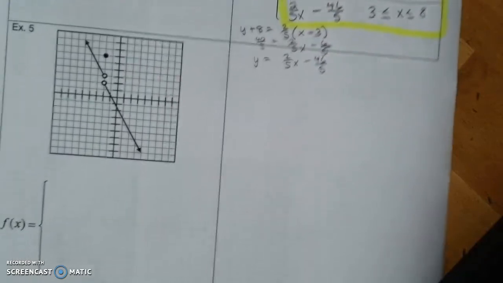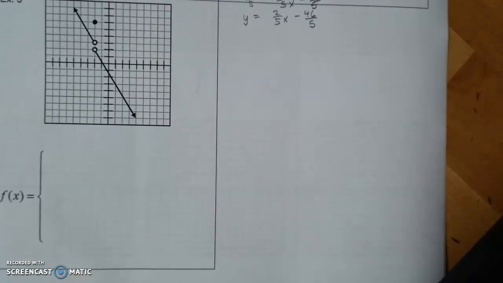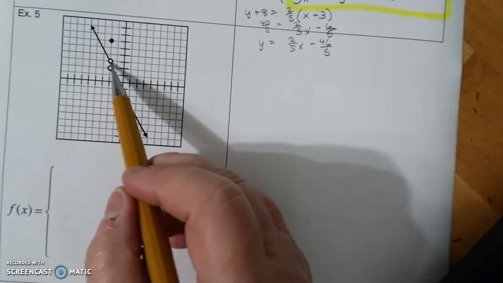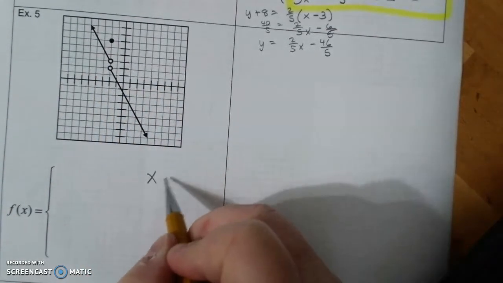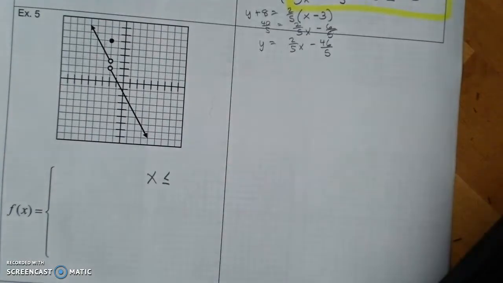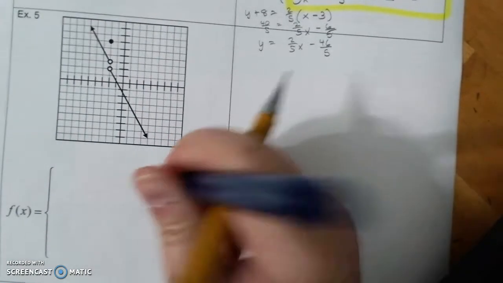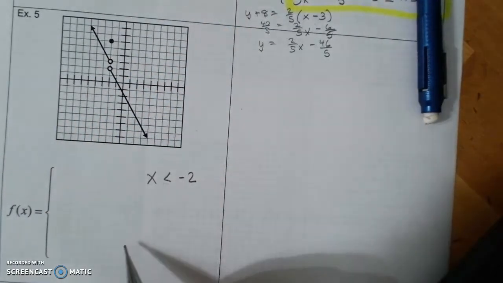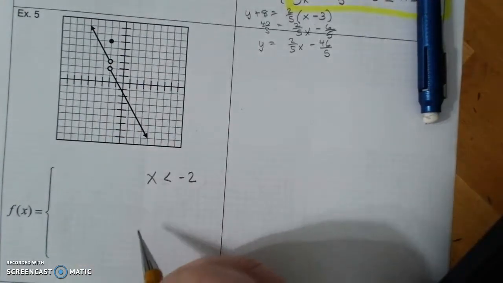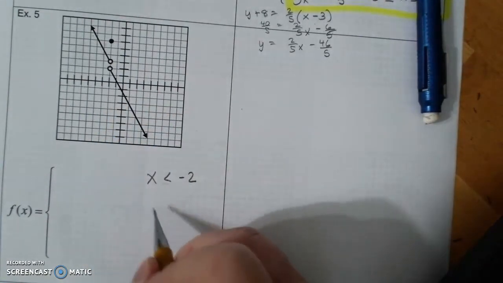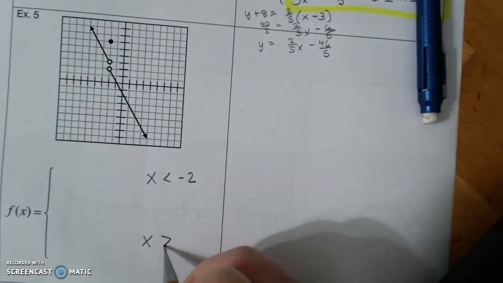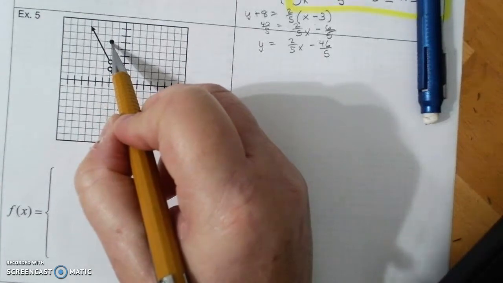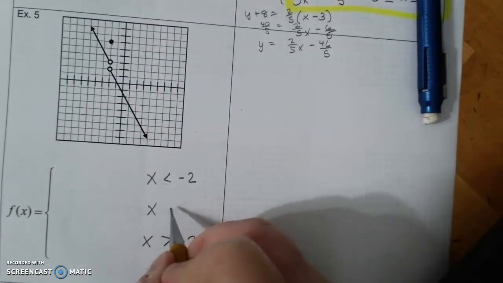All right, last one on this example. Okay, left to right, that's a ray. It is going x is less than, not equal. It's got an open dot, less than -2. I have something that's a ray that is x is greater than -2. And then I have this dot which is at -2.